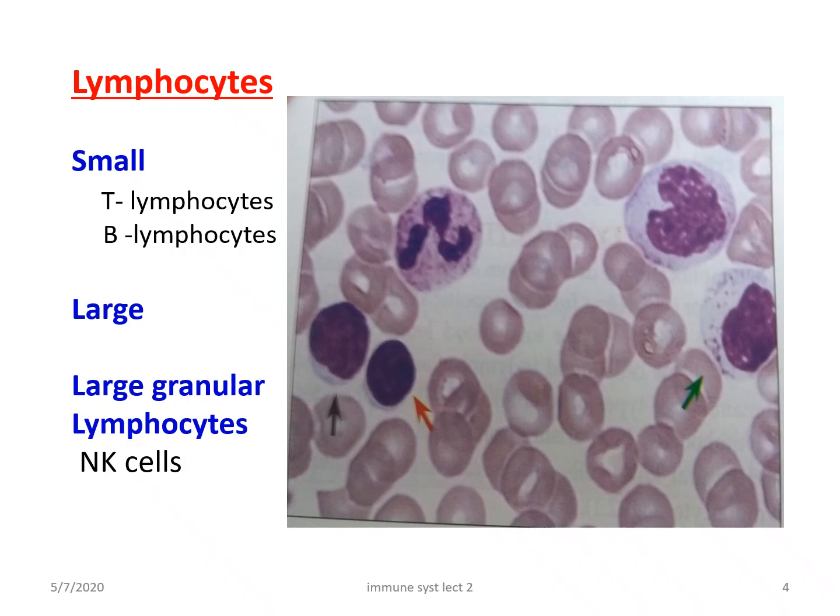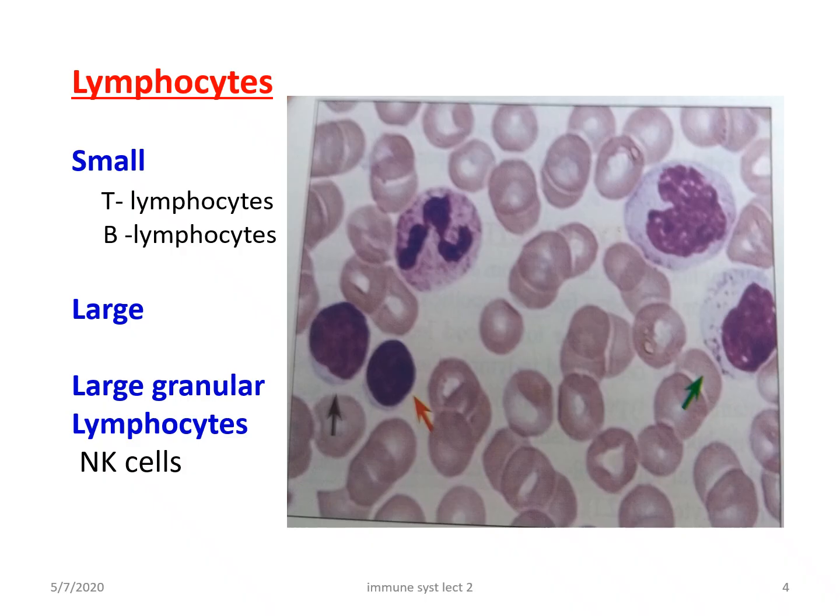Now this is nowadays called an NK cell, and we have already discussed it, and we will further talk about NK cells when we come to cellular immune response. Now the peripheral blood has two types of lymphocytes, the small lymphocytes and the large lymphocytes, and both T and B lymphocytes arise from the small lymphocytes.